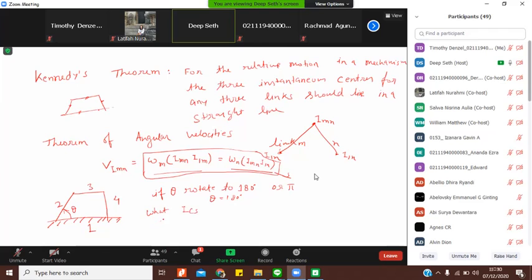Very simple. You just have to make a circle and mark 1, 2, 3, 4 on it.